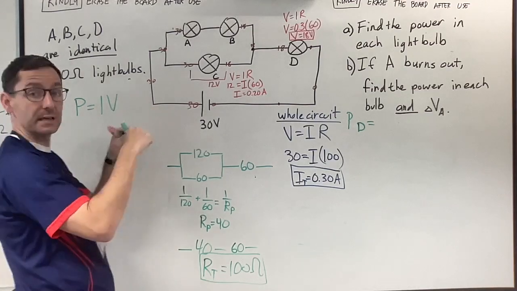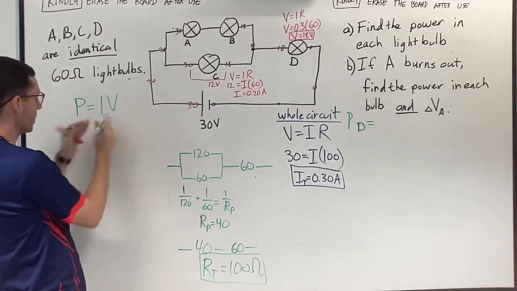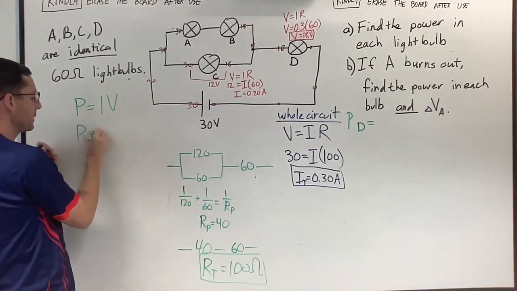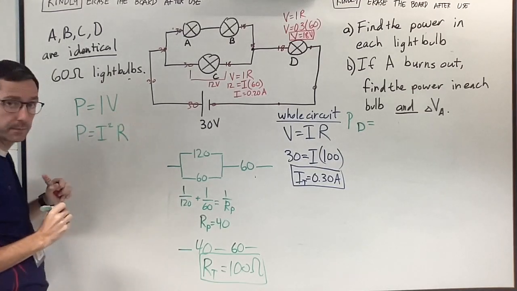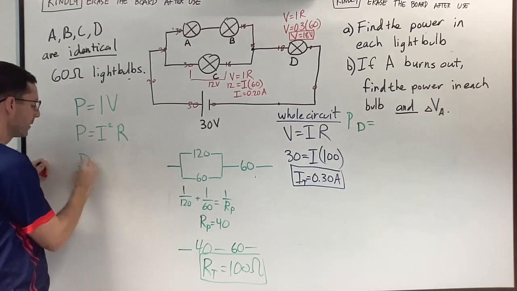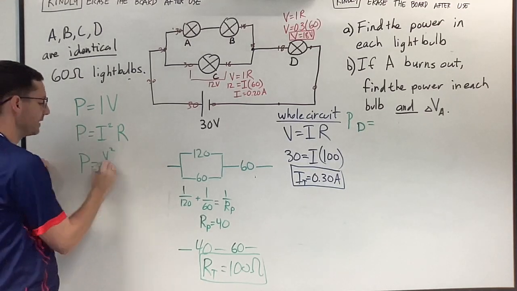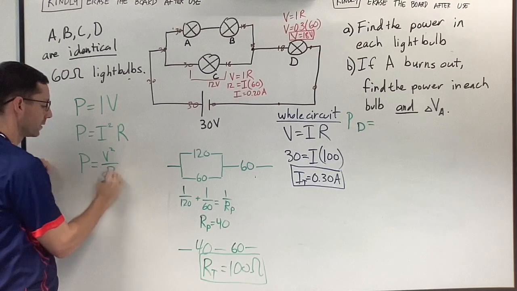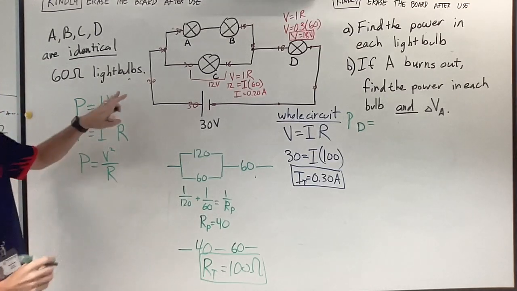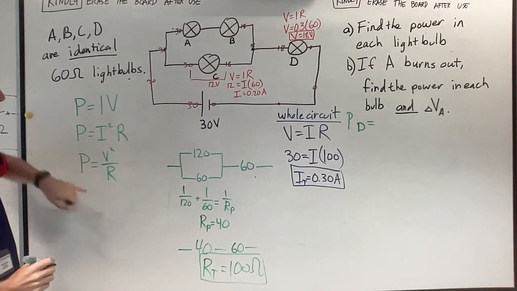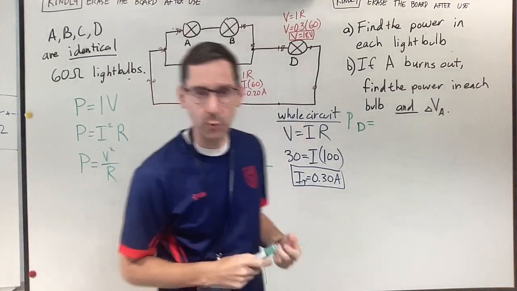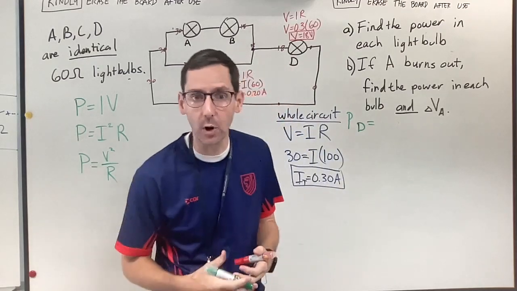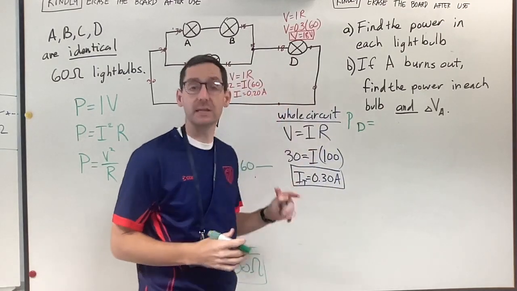I took the V equals IR, which I put in here, and so then I also have P equals I squared R. And then I also have P equals V squared over R. If I put the V equals IR in for the I, then I have that. And so I actually have 3 different ways that I can get power. So I'm going to use the one that fits for each of these light bulbs.